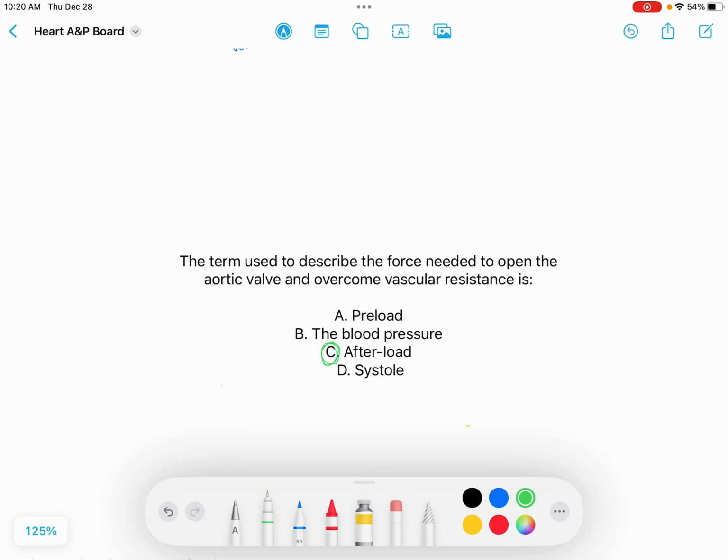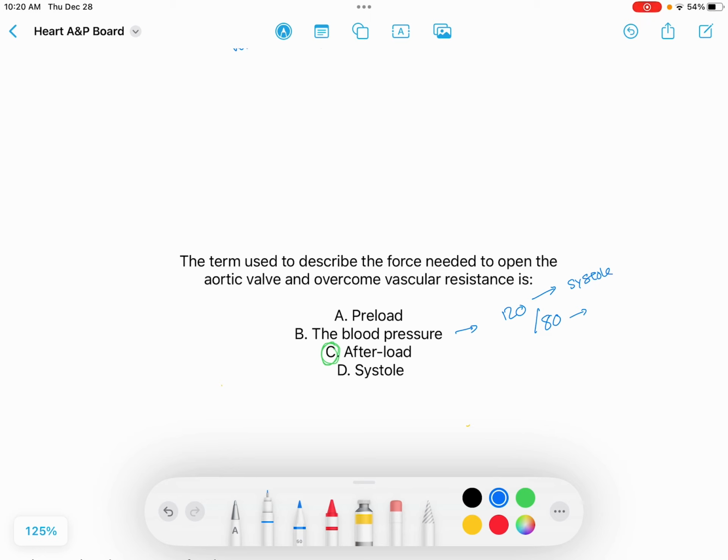Afterload describes, as the question states, how much force we need to actually get blood through all those blood vessels. That's not the same thing as the blood pressure. When we say blood pressure, what we really mean is how much pressure exists during systole, meaning when the heart contracts. So what's the pressure on the blood vessels during systole?